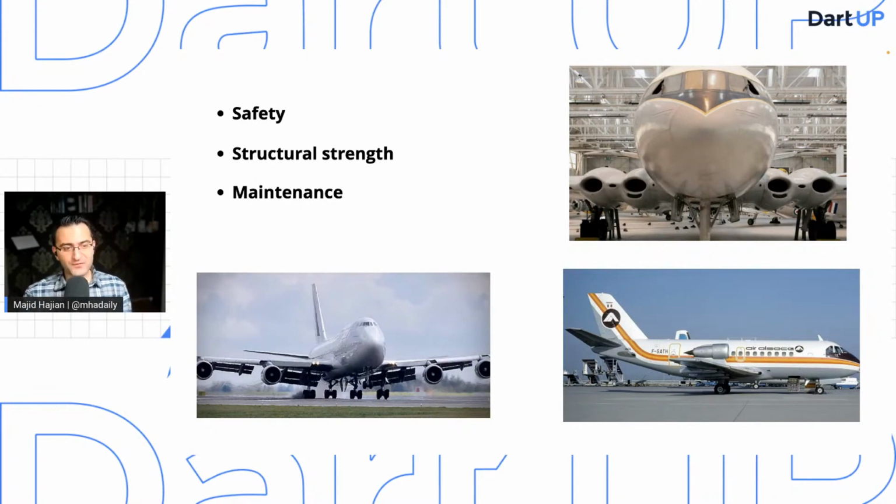In fact, if the engines are below the wings, it seems much safer because it's further away from the cabin.